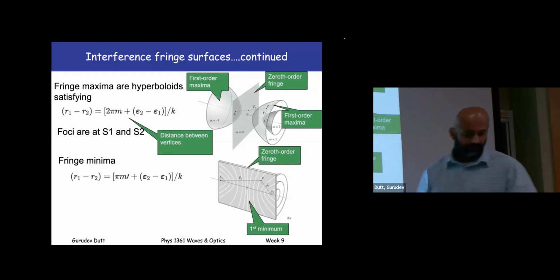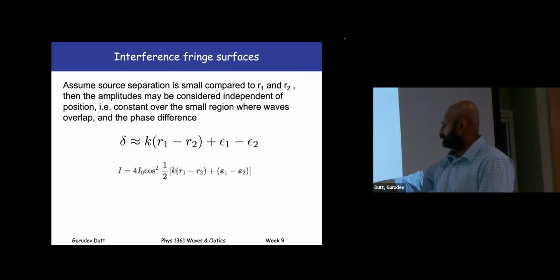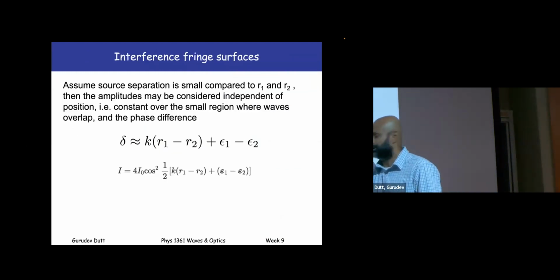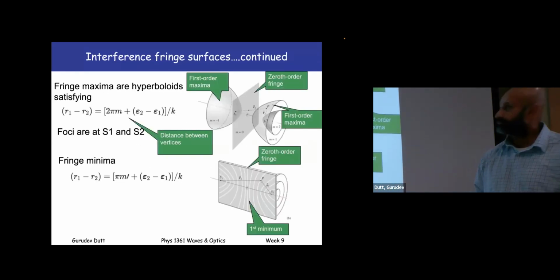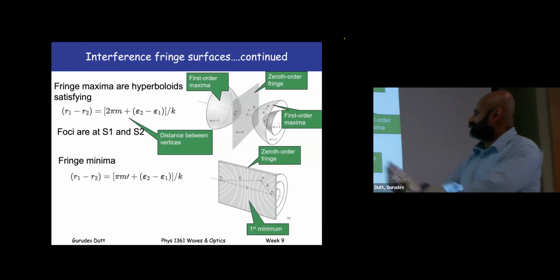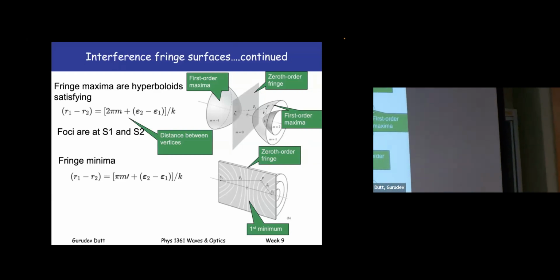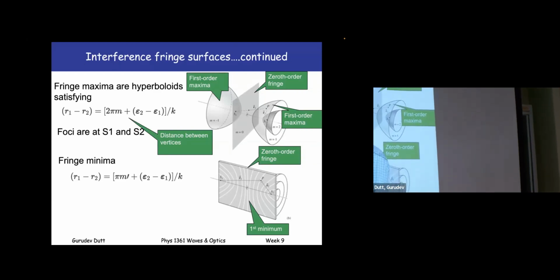From the previous slide, the phase difference is K times (R1 minus R2) plus epsilon 1 minus epsilon 2. For a minute, assume that epsilon 1 minus epsilon 2 is 0. Just ignore that part.